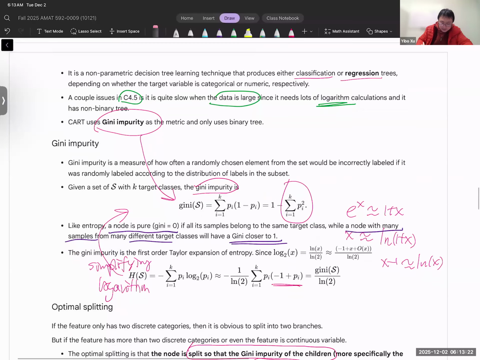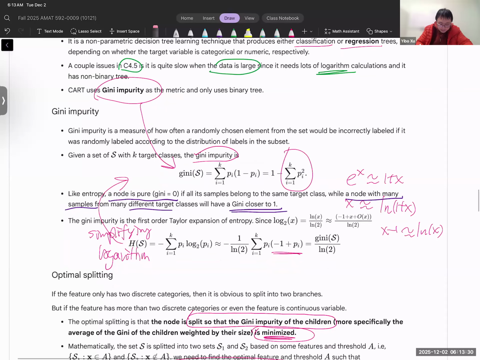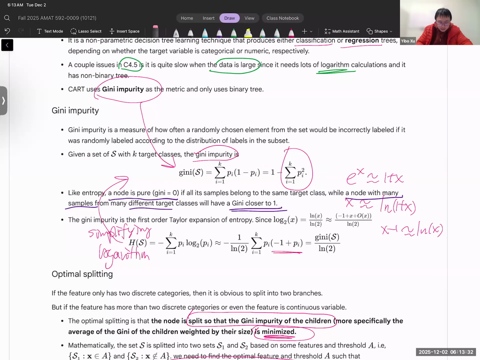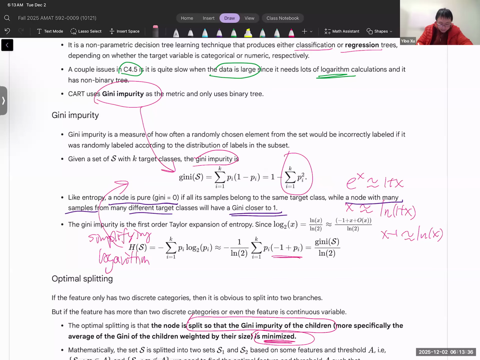So this is indeed penalizing. I want to get the Gini values small. That's really like the entropy that we have for each data set. The entropy here is a little bit more complicated because we have the logarithm.